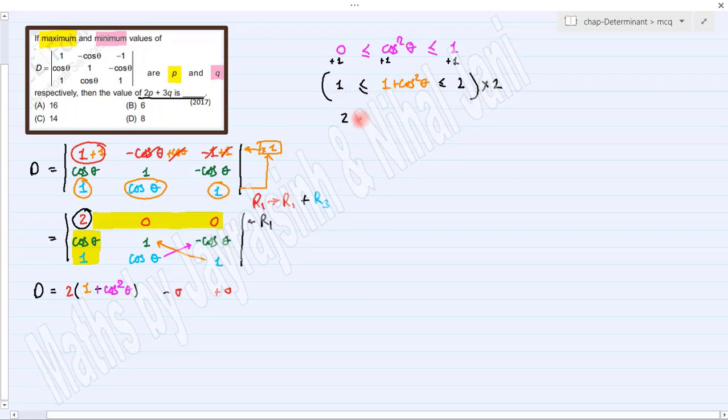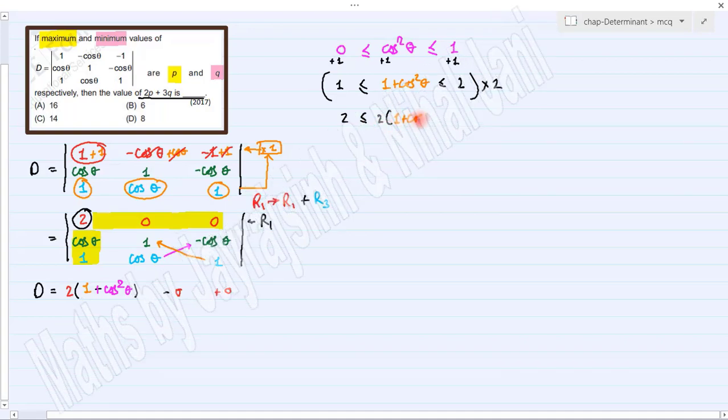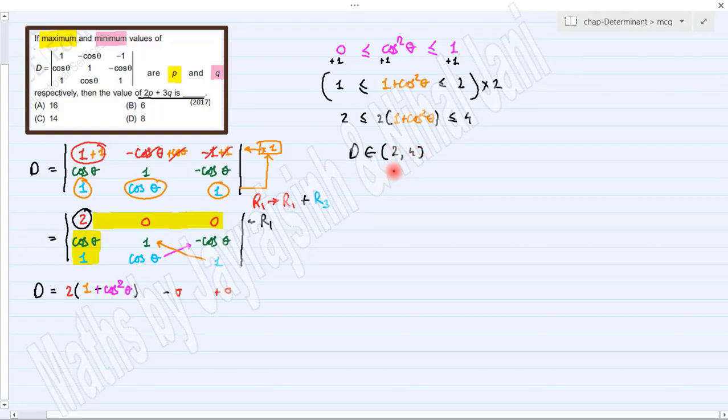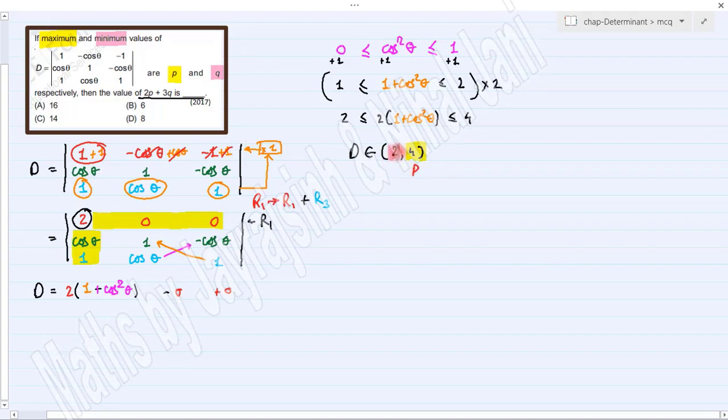So we'll get 2 times 1 plus cos square theta, and 4. So we get the maximum and minimum value of D, which is 2 and 4. Here your P is maximum and Q is minimum.